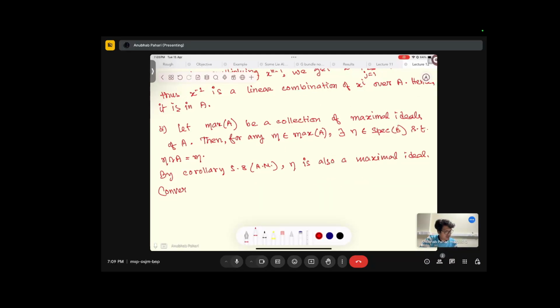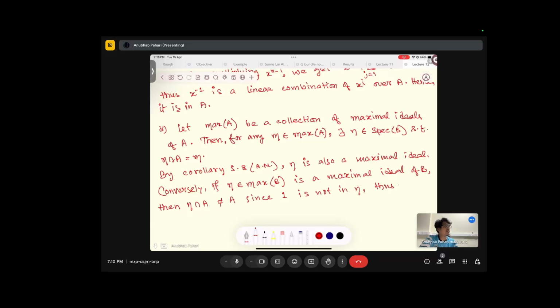Conversely, if eta is a maximal ideal of B, then eta intersection A is not equal to A, since 1 is not in eta.